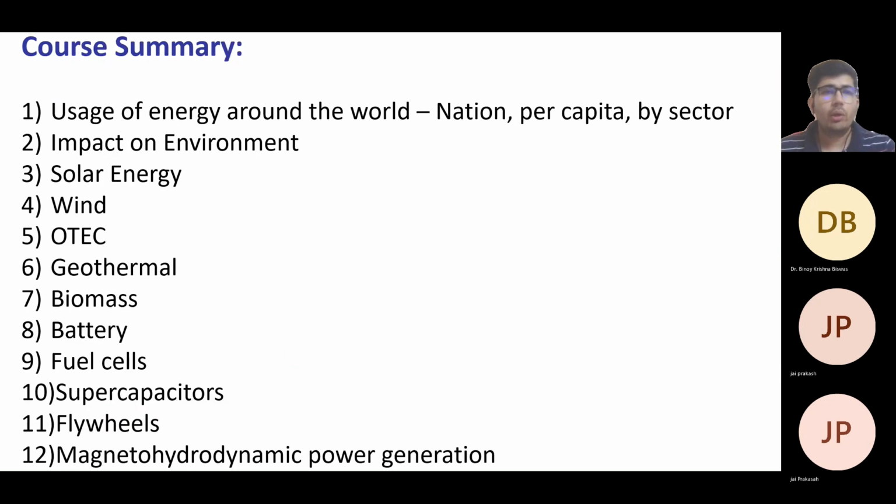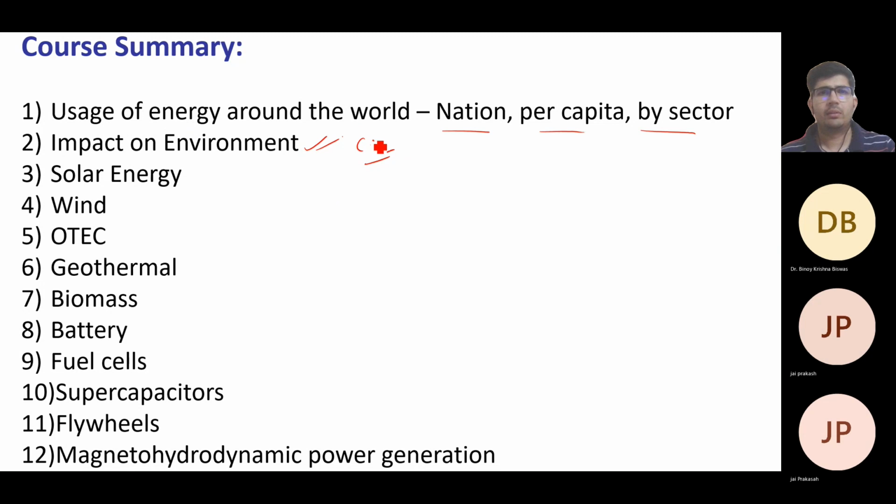So as you all know, this is week 12 and this is the last week of our class. So this is the course summary. These are the topics we have covered in every week. Like we have covered the use of energy around the world, nation, per capita and by sector, and the impact of energy use on the environment, like CO2 emissions.